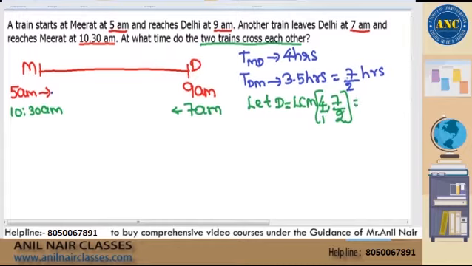LCM of fractions is nothing but LCM of numerators, 4 and 7, LCM is 28, divided by HCF of denominators, 1 and 2, HCF is 1. So 28/1 is 28 kilometers. I am assuming the distance as 28 kilometers. This is my assumption. It may or may not be the correct value, right?